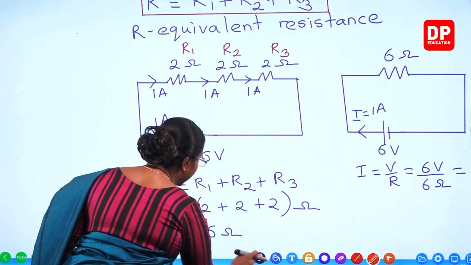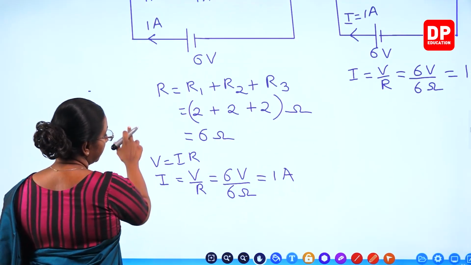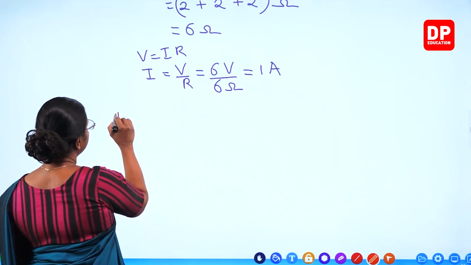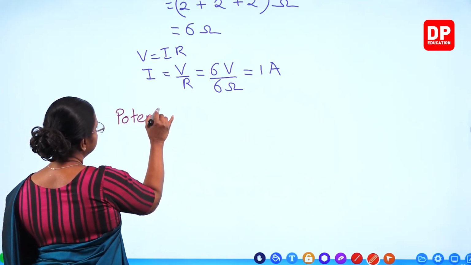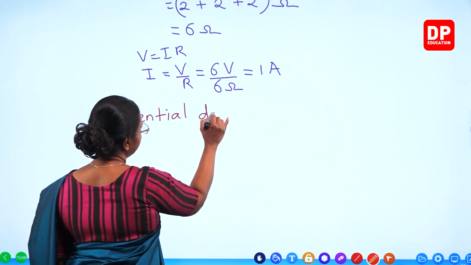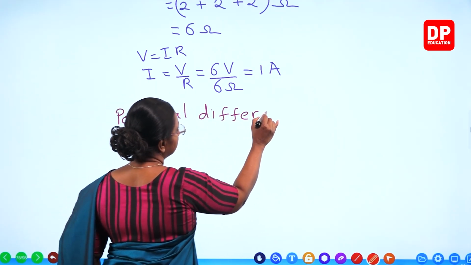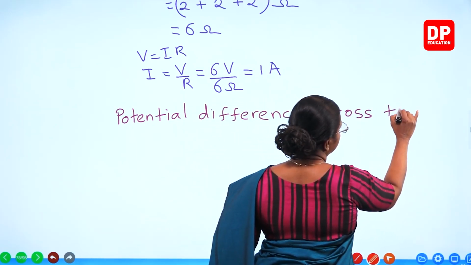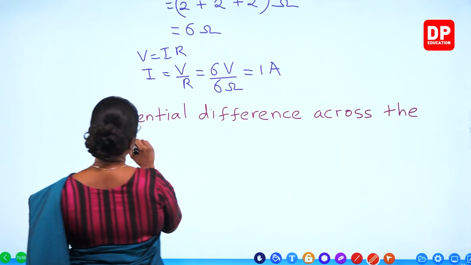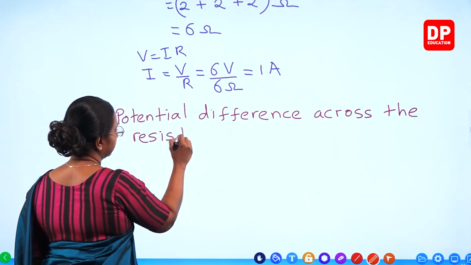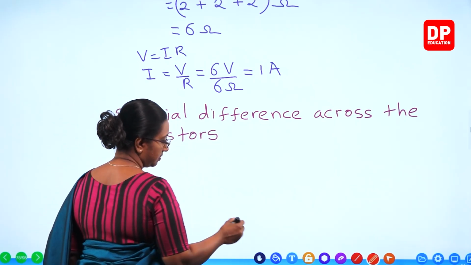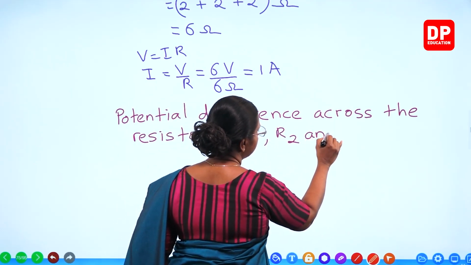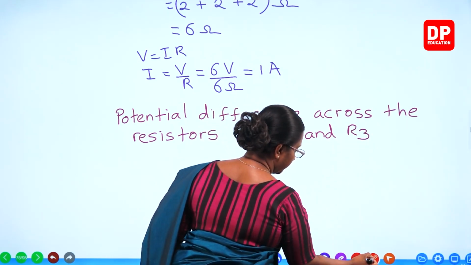So if we calculate the potential difference across the resistors R1, R2 and R3.